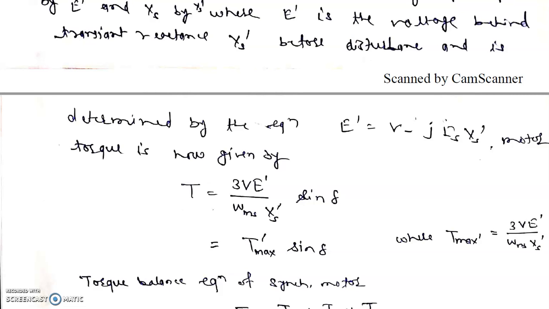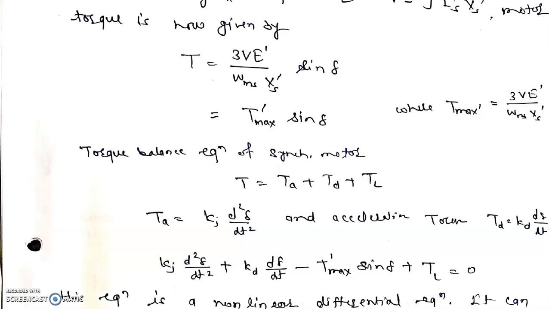The torque balance equation is T = Td + Ta. The motor torque supplies the load torque plus dynamic torque plus acceleration torque Ta. This is similar to the fundamental torque equation which we studied in the first unit. Ta is the acceleration torque, given as Kj d square delta upon dt square, and the dynamic torque Td equals Kd d delta upon dt.